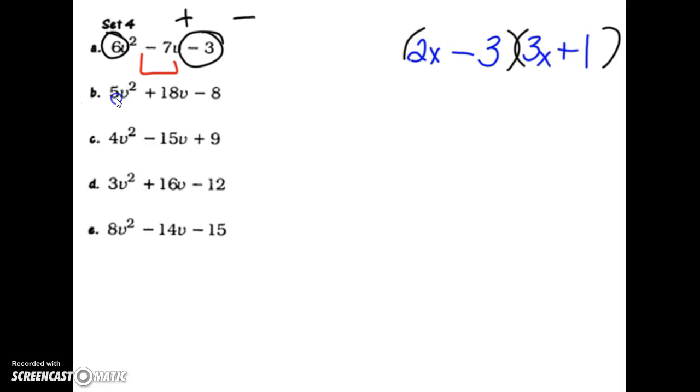This one, 5. I've got to come up with the first two giving me 5, really only 1 and 5. Over here I get 8, so I can do 1 and 8, or I could do 2 and 4. I'm just going to list them.